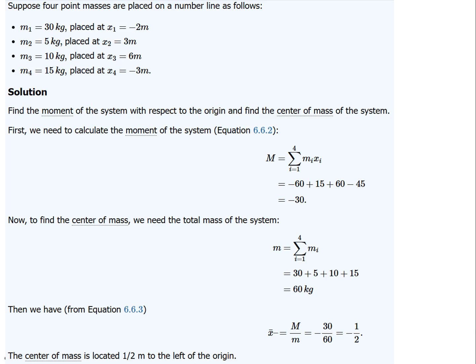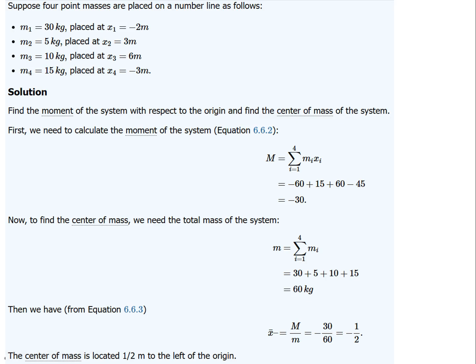Notice that the formula looks complicated with the symbols, but it's really not. The sigma just means add them all up, because Σmixi is just m1x1 plus m2x2 plus m3x3 plus m4x4. As you can see, that matches the formula from the previous slide. So you're just adding all those up. And then you find the total mass of the system.